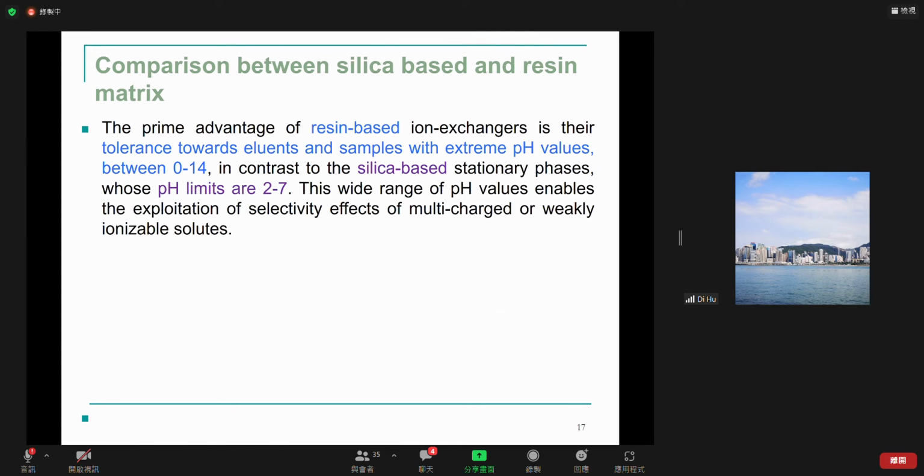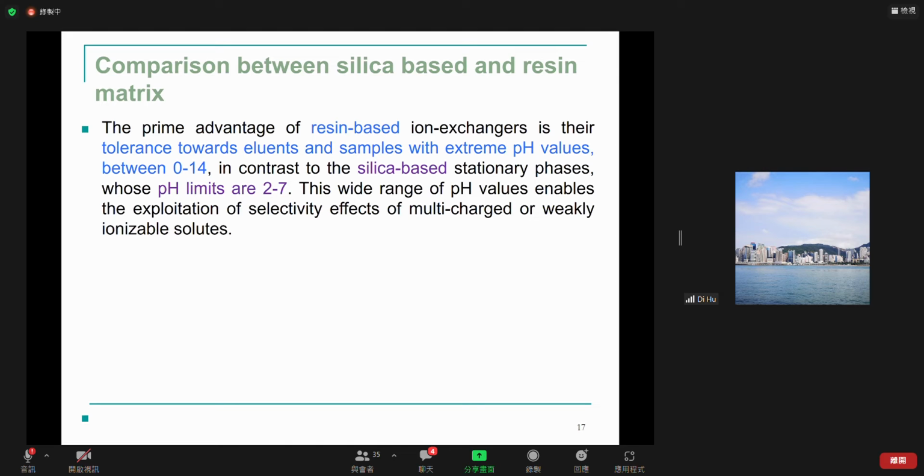If we make a comparison of the silica-based and resin-based matrix, the primary advantage of the resin-based ion exchanger is the tolerance over a wide pH range. It can tolerate a much wider pH range than the silica-based matrix.